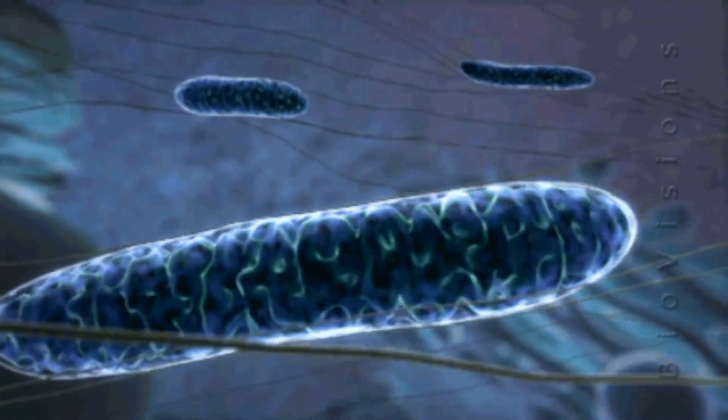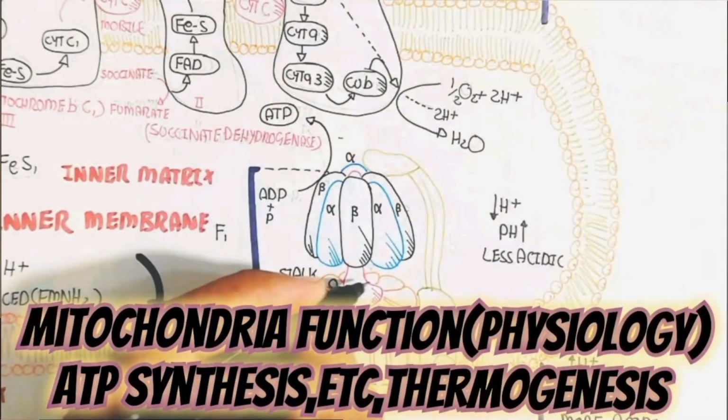Remember, the mitochondria use NADH, and this NADH will produce ATP by a different mechanism. If you want to learn more, you can watch the mitochondrial physiology in my video. You can search for it, or I will give the link in the description below.